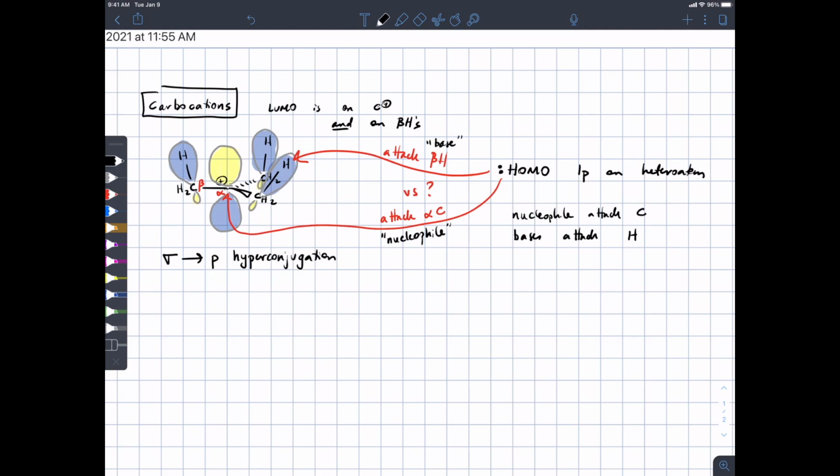So keeping track of how that happens is going to be the most challenging part of the next couple of lectures. And we will talk today about what makes a good nucleophile good, what makes a good base good. But for now, let's just think of the molecules that we're using to attack these carbocations or alkyl halides as some nucleophile and or base, because the same molecule can have both characteristics.